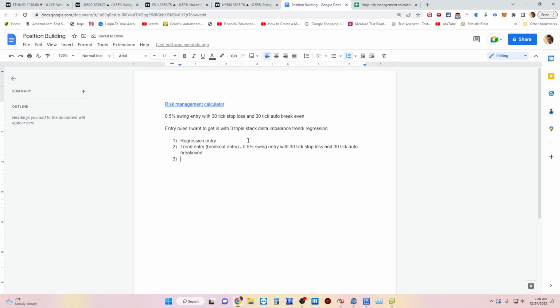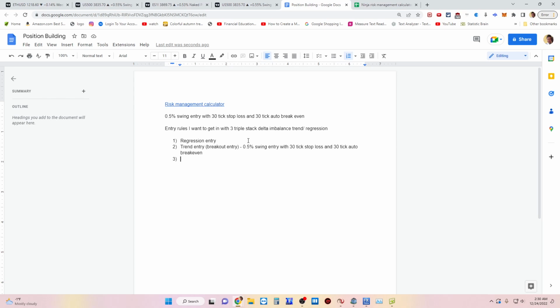So the third entry: after these stick and they hit auto break even, we have a little more information and proof of our thesis that the direction of the day that we're picking is more successful, and it's time to begin building a position with more sizing and going for some 2-to-1 scalps.